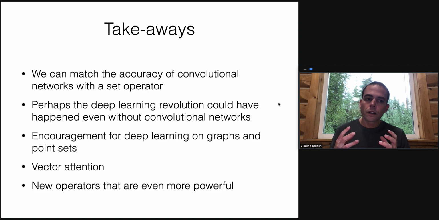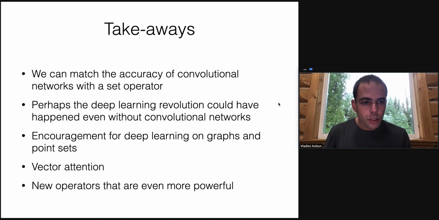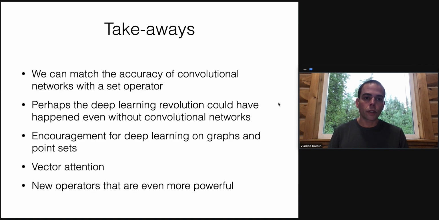This is remarkable because this suggests that an alternative history could have unfolded in which the deep learning revolution occurs even without convolutional networks.